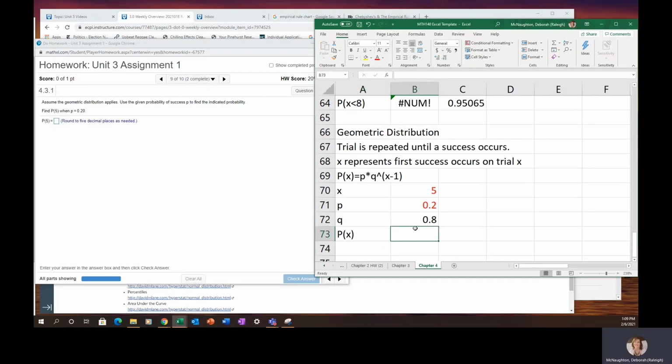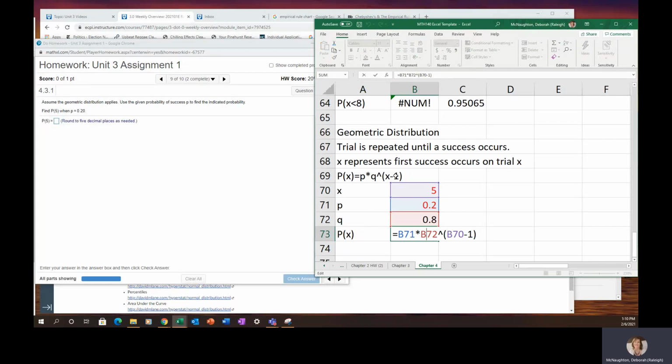All right, and then so our P of X is P times Q raised to the X minus 1. Okay, it's P because there's 1 success, and then there are 4 failures.